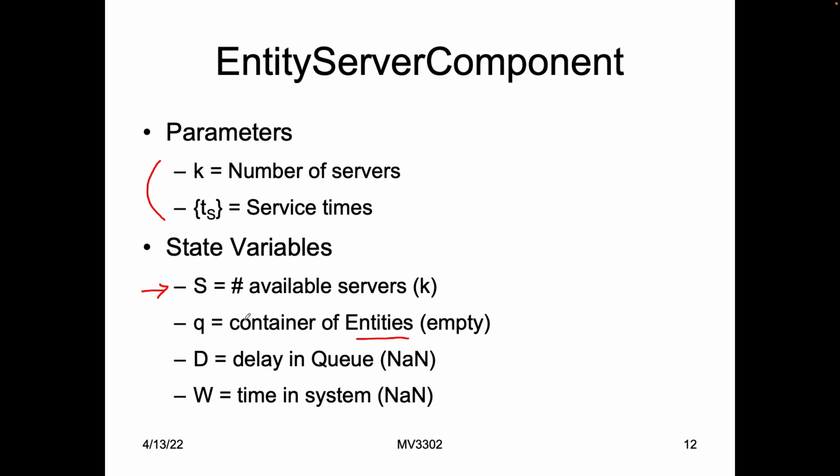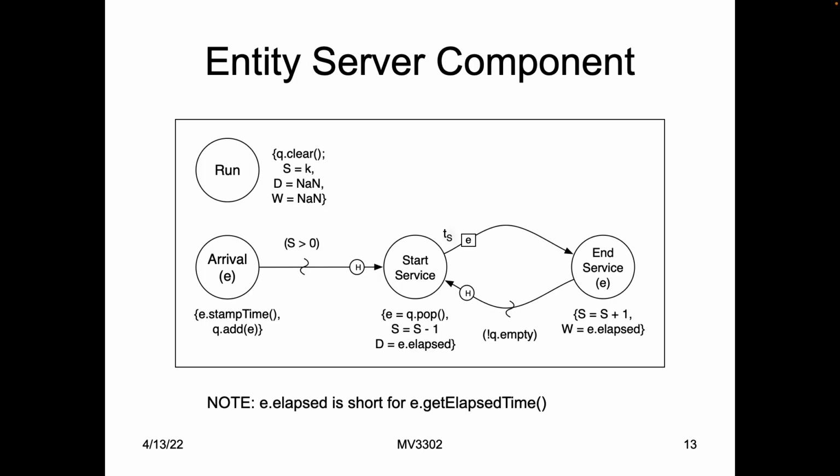So now the model is going to have individual elements representing each individual customer. And as before, the things that we want are the delay in the queue and the time in the system. And just as before, those are tally state variables, and so they don't have an initial value because they don't really exist until the event corresponding to them shows up.